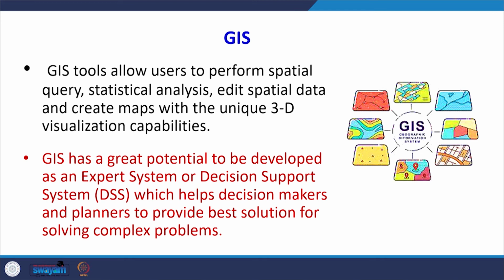The advantage of the expert system and decision support system is that we can quickly change our input parameters and get the best output from the GIS, and then it can help us in taking a good decision, the best decision for the project work. So we can use the capabilities of the GIS to integrate, to analyze the data, to make a query system from this database.